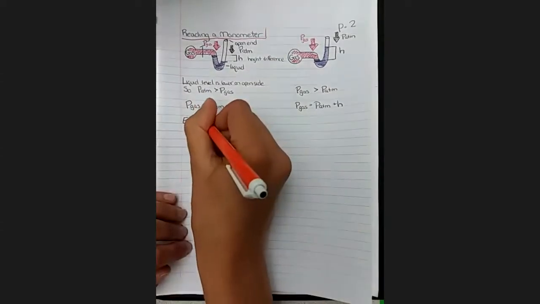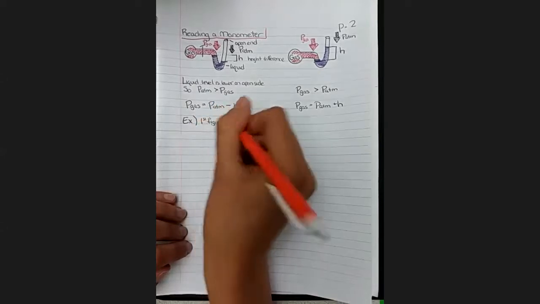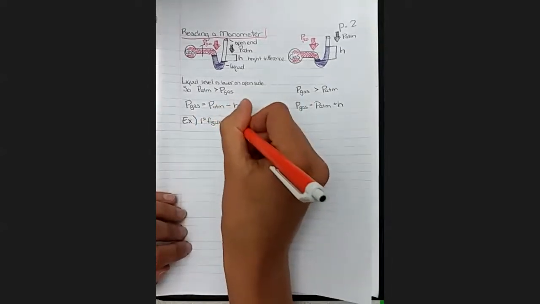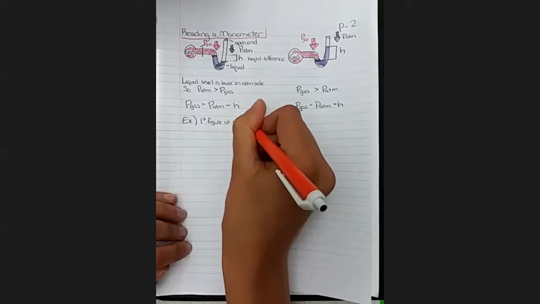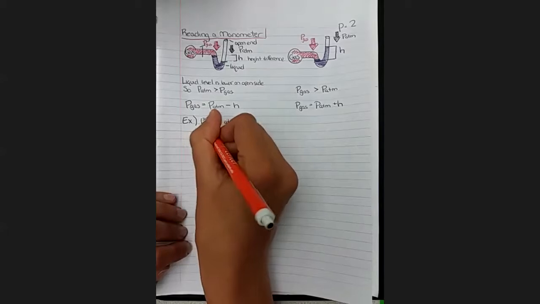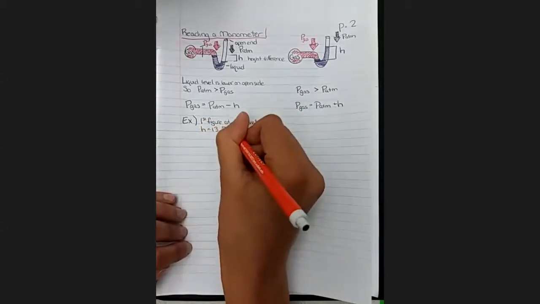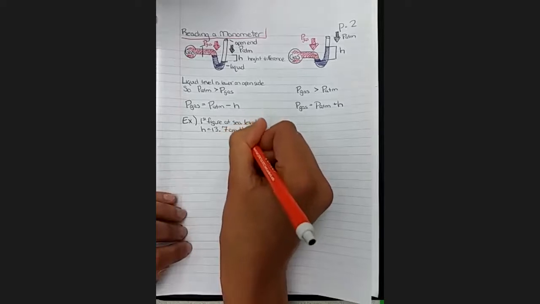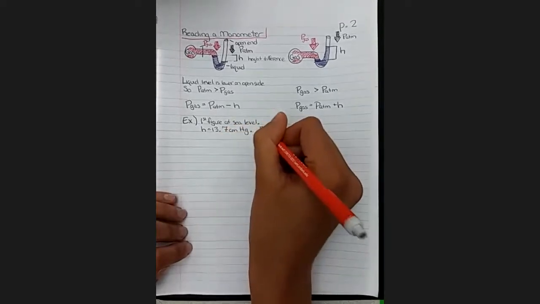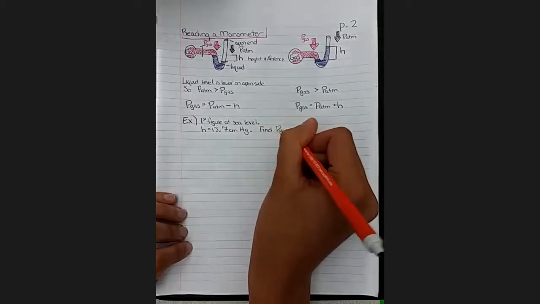So let's take that first figure up above, and let's say it was measured at sea level. We'll say that the height of the column, the height difference, is 13.7 centimeters of mercury. And we'll try and find that gas pressure.